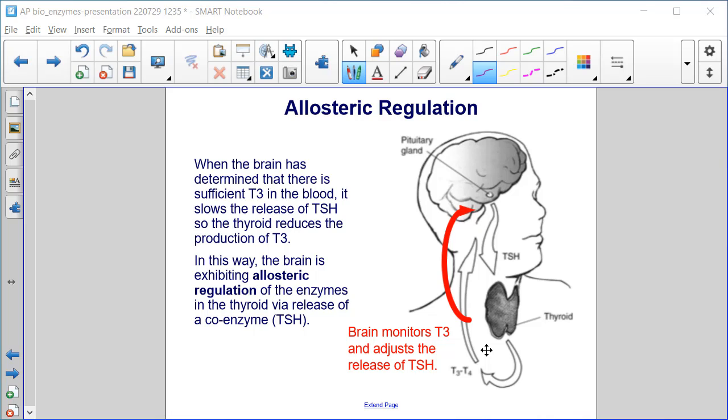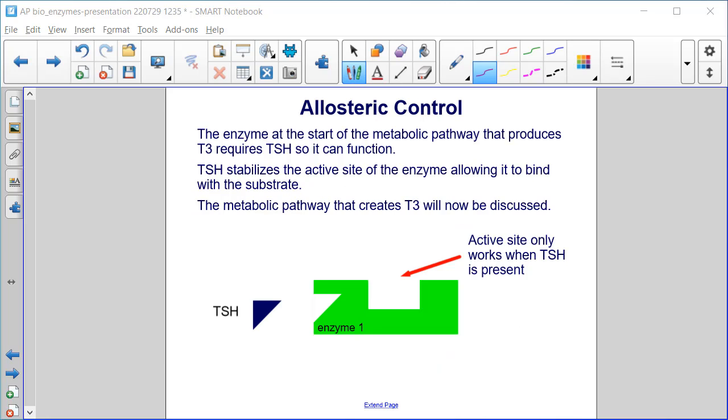In this way, the brain is exhibiting allosteric regulation of the enzymes in the thyroid via release of a coenzyme, TSH. Allosteric control. The enzyme at the start of the metabolic pathway that produces T3 requires TSH so it can function.